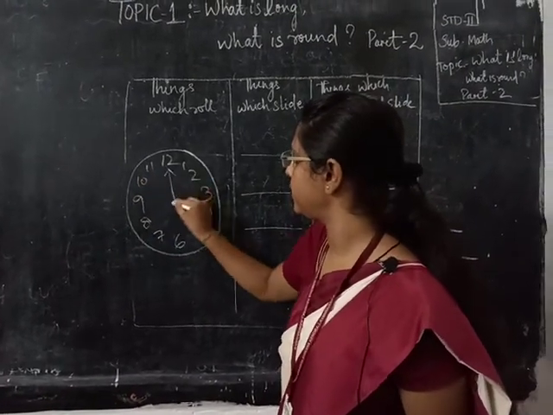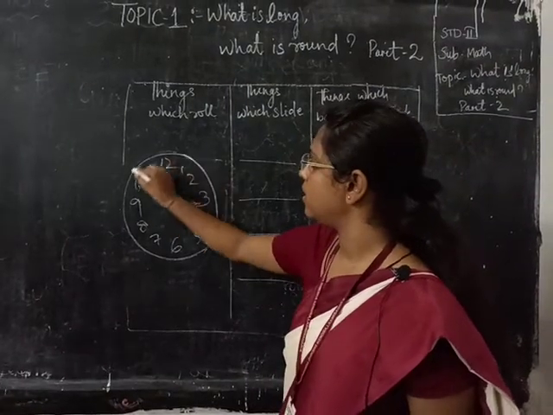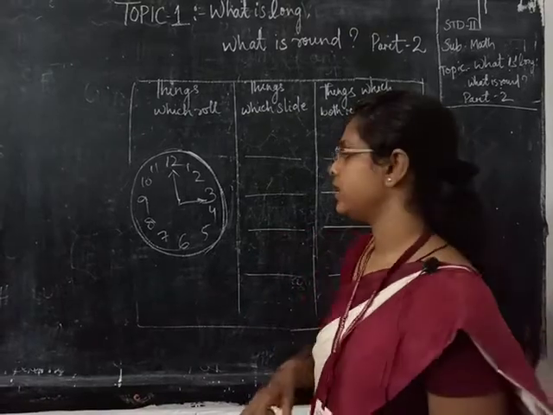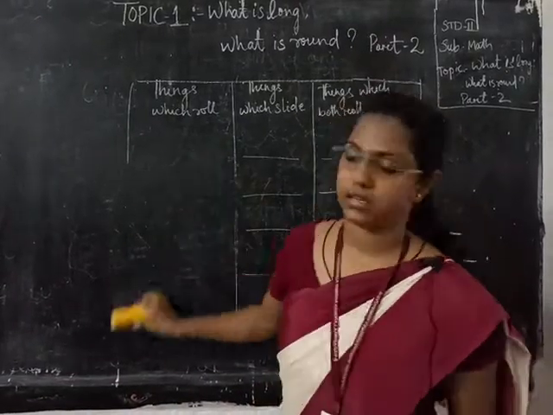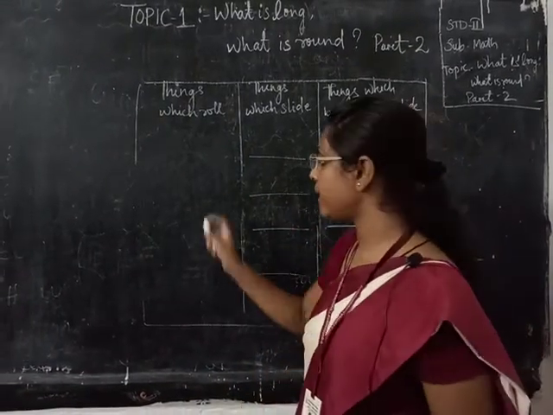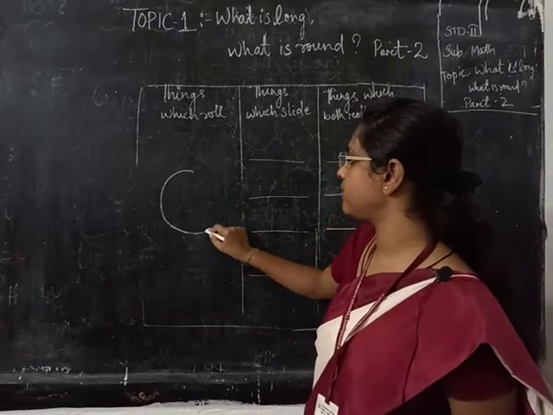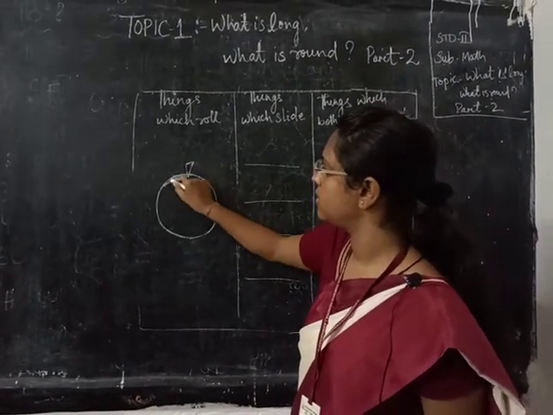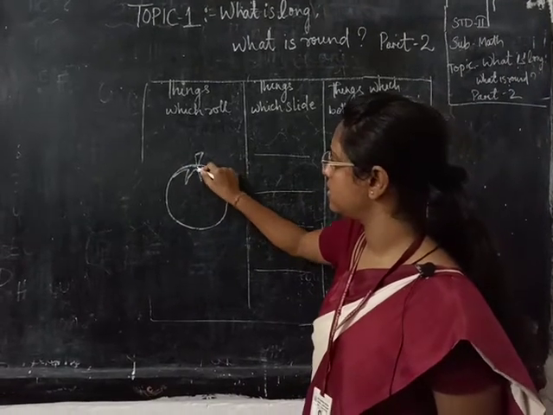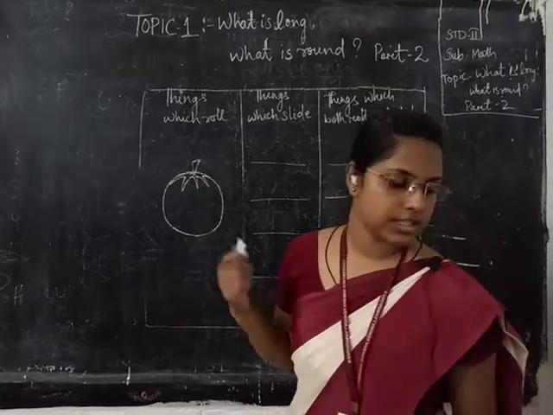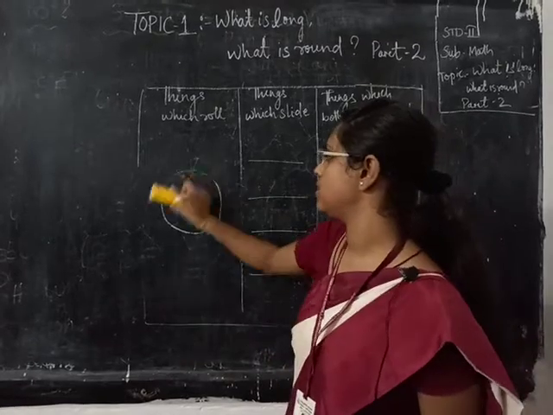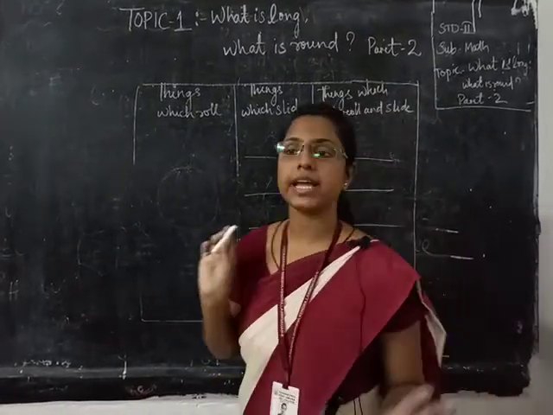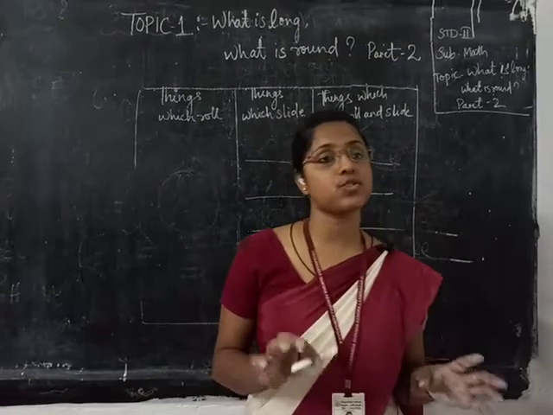Next, your tomato. If I draw a tomato here, it is also round. Some tomatoes are a little bit oval, but they look round. So these are the things which are round.